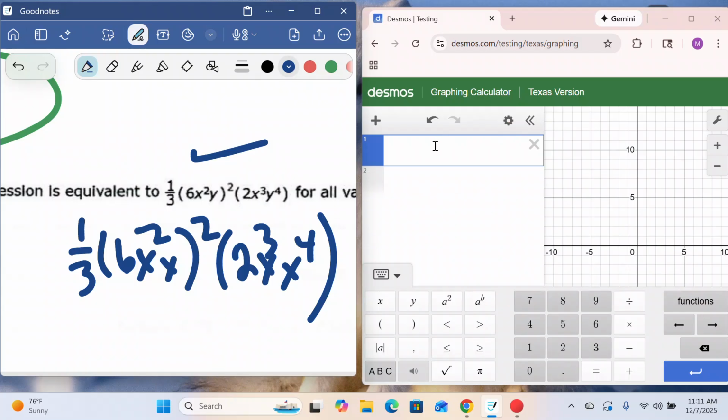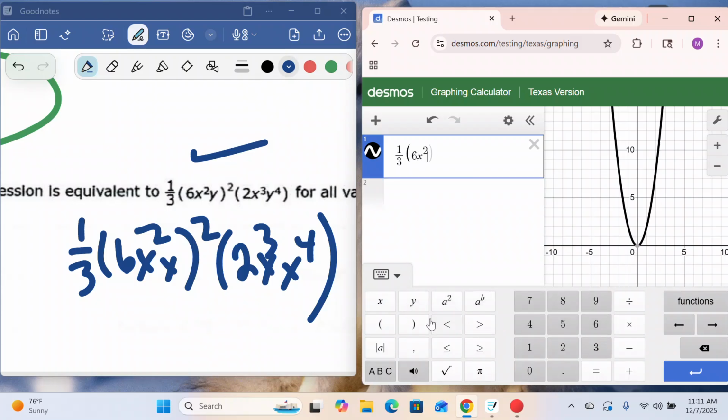So I'm going to put it exactly the way it is, 1/3, space, open parentheses, 6x squared x, close parentheses, squared.